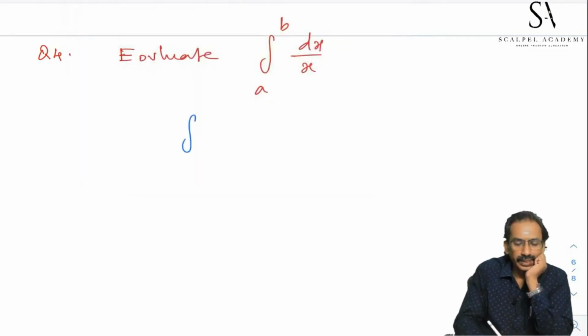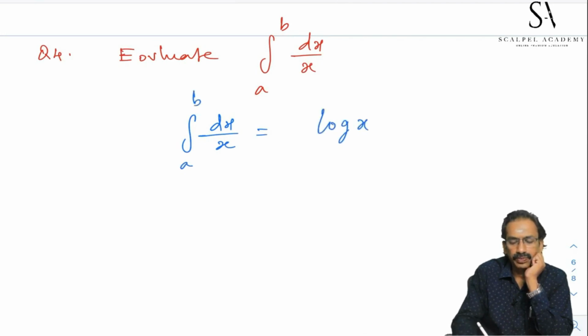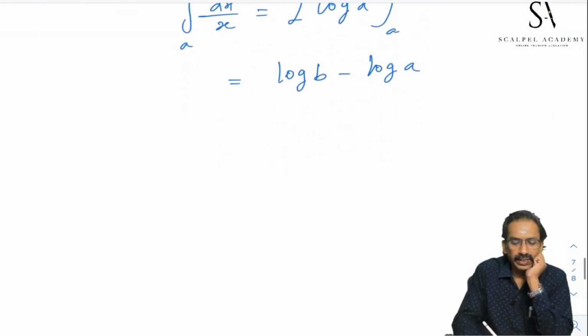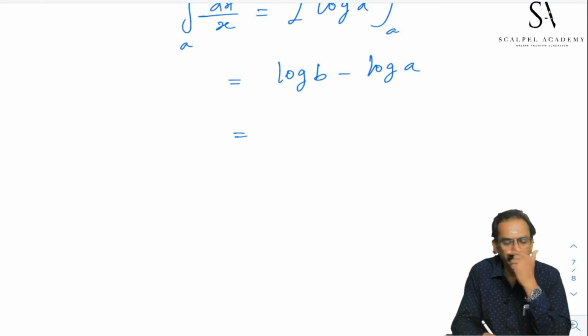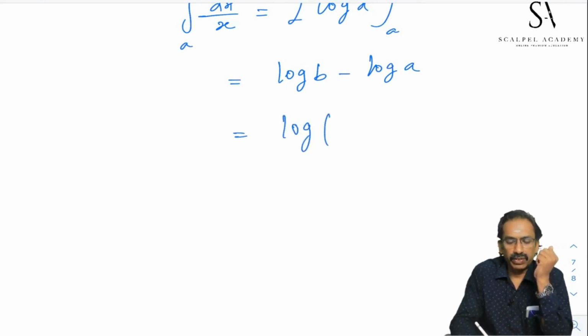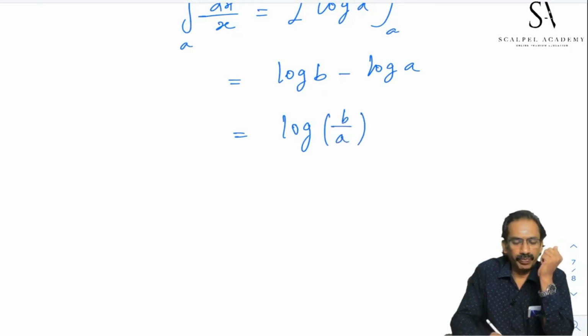Student, integral dx by x is equal to log x from a to b. That is equal to log b minus log a. Log a minus log b can be written as log a by b. Here we got log b minus log a, therefore log b by a.